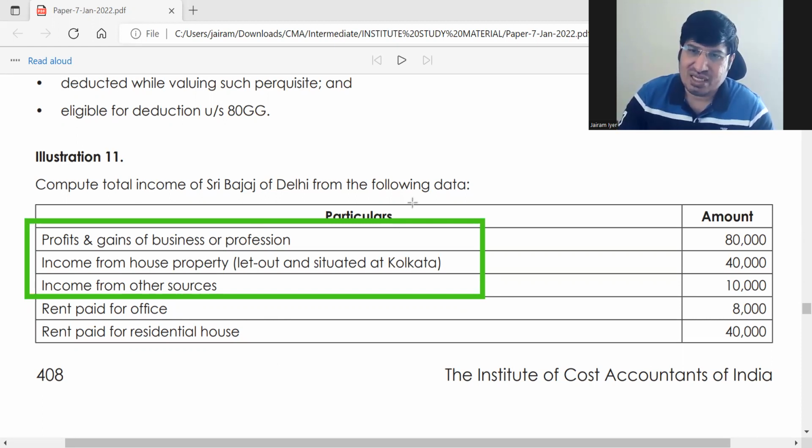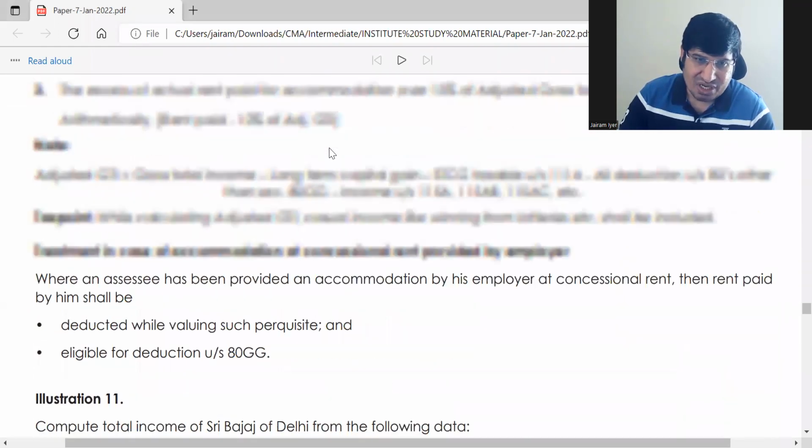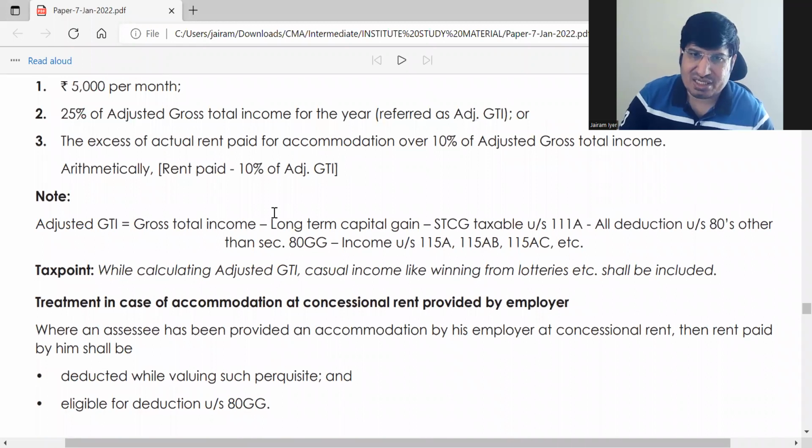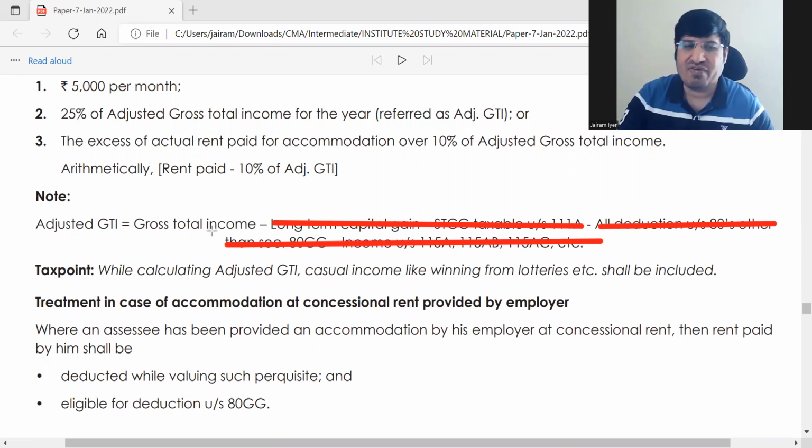In adjusted GTI, what all do we have? Nothing extra here, which means adjusted GTI equals gross total income. Gross total income itself will become your adjusted GTI in this problem.